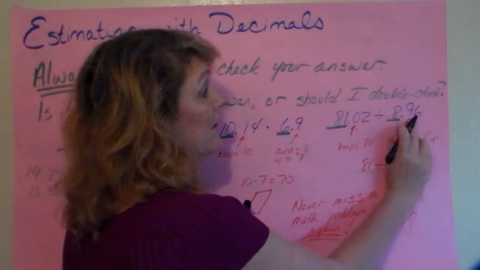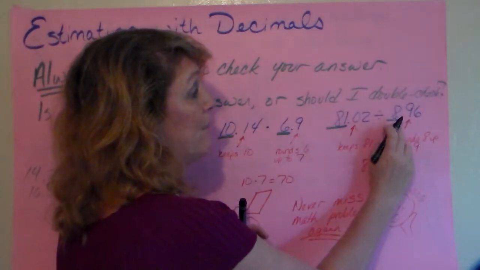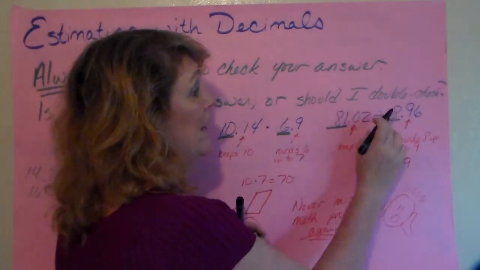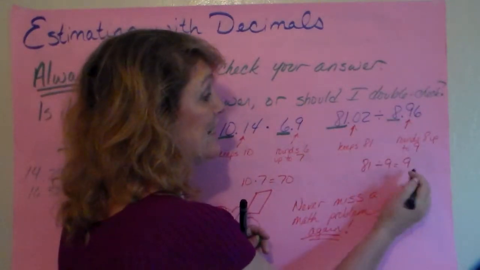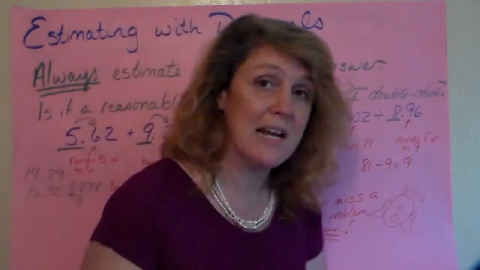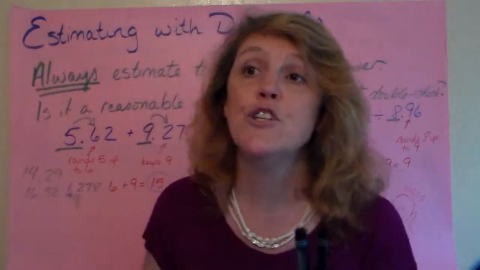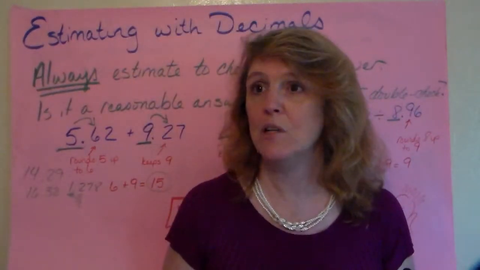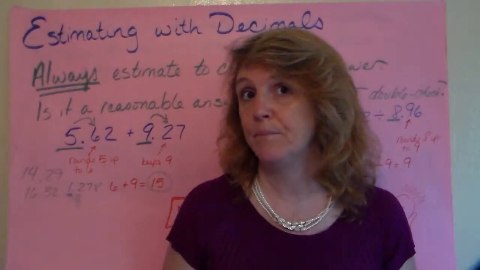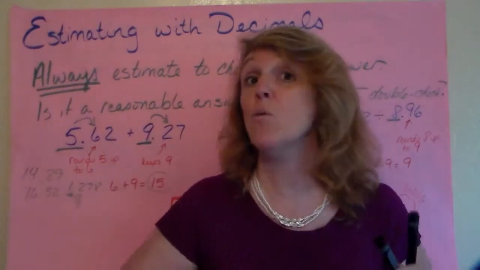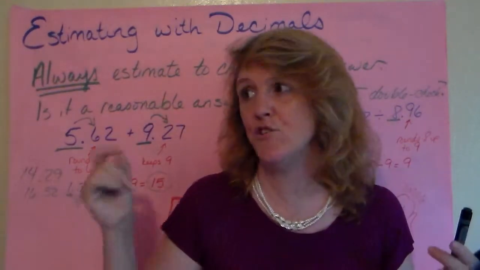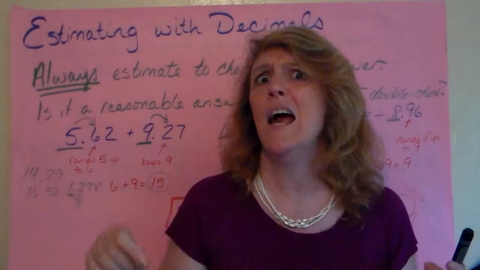Here, the 9 is going to round this up to a 9. 81 divided by 9 is 9, so your answer should be somewhere around 9. It's not hard to go back and just look at your problem and double check it. You don't have to do a lot of math. You don't really have to write it down unless you're doing a problem where it actually says estimate to check your answer.